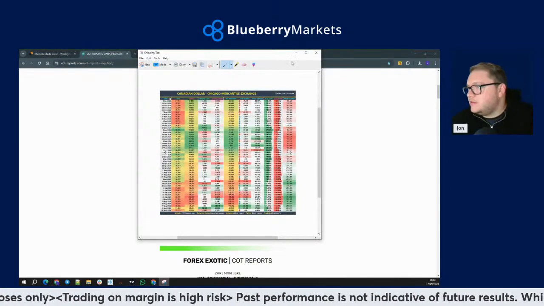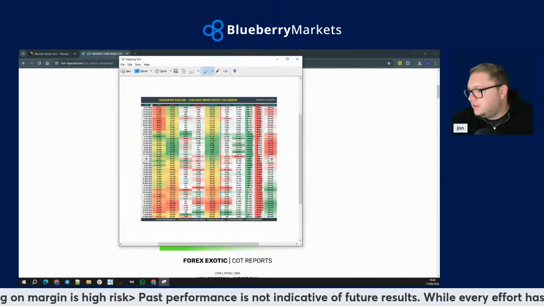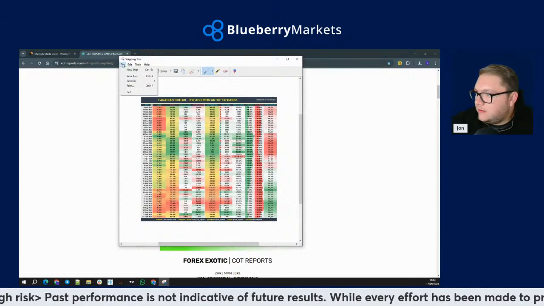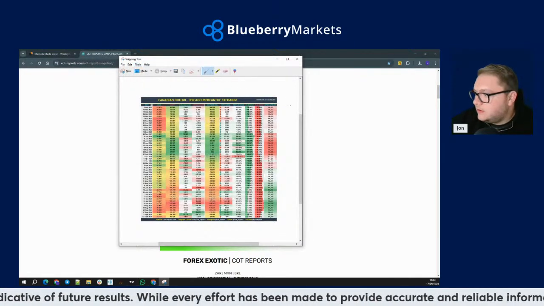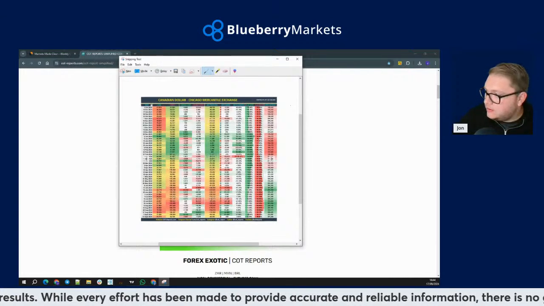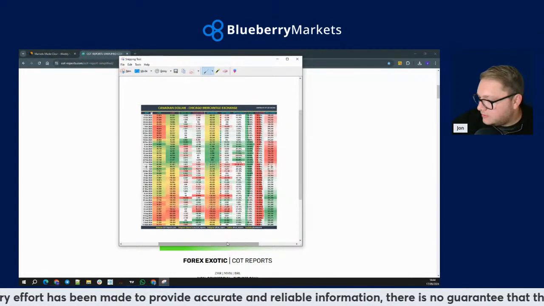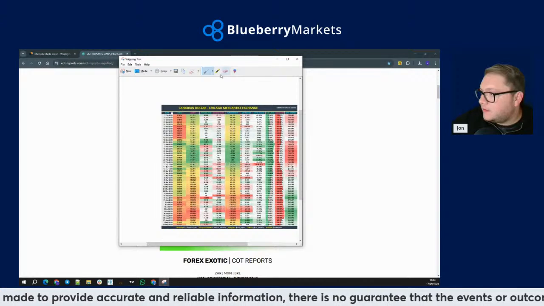Right, let me see if I can zoom in on this now. Edit, file, tools, pen, highlighter options. Okay, that's not really what I want. I want to zoom in. Doesn't look like I can zoom in.